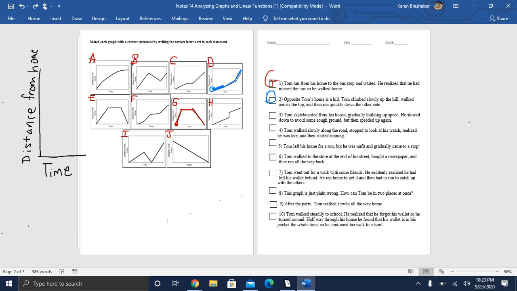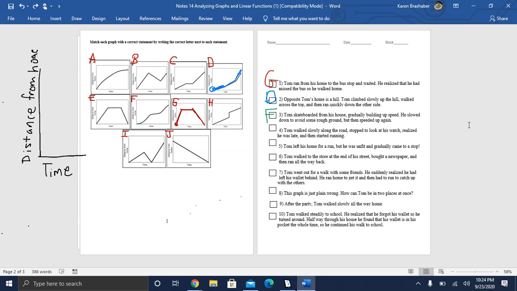All right, number 3, it says that Tom skateboarded from his house. He gradually built up speed. He slowed down to avoid some rough ground and then speeded up again. So this graph is graph F. He's again skateboarding from his house. He's not going back, so we need to choose a graph where he gets further and further away from his house. And he's gradually building up speed.